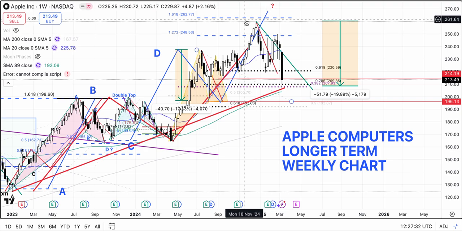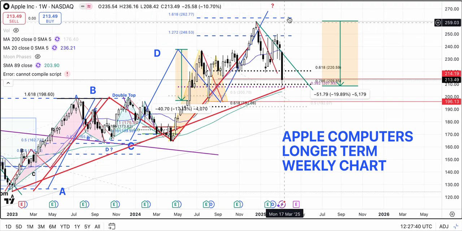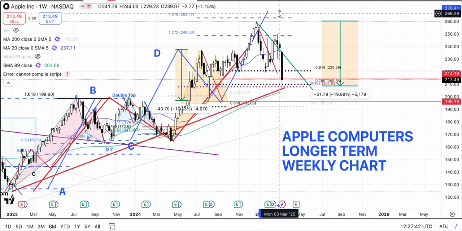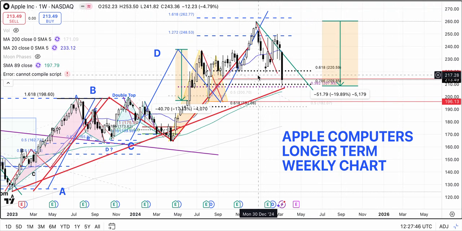So yeah, right about there, but 1.27, 1.618 expansion, a little bit higher I was really aiming for, but we missed the pattern. I think it was close enough, so I am actually going to remove this question mark. And then what we have seen is a correction that has taken place over a few months now.